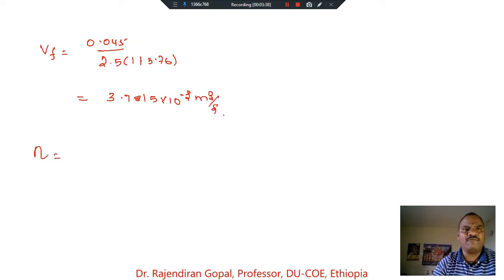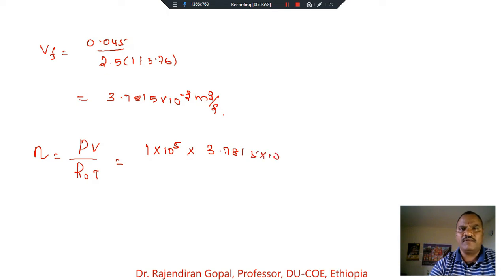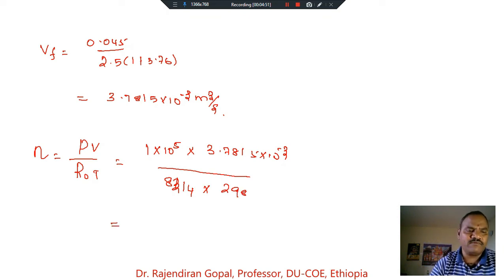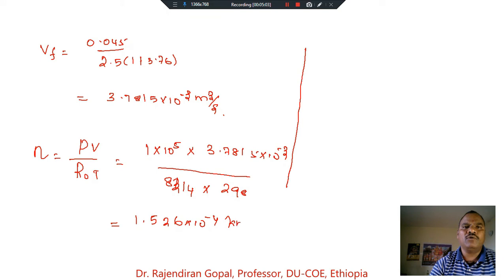Then molar flow rate N is equal to PV divided by R naught into T. P is equal to 1 into 10 to the power 5 multiplied by 3.7815 into 10 to the power minus 3 over R naught, which is 8314, multiplied by temperature 298. Upon simplification, we can get N is equal to 1.526 into 10 to the power minus 4 kilomoles of fuel per second.